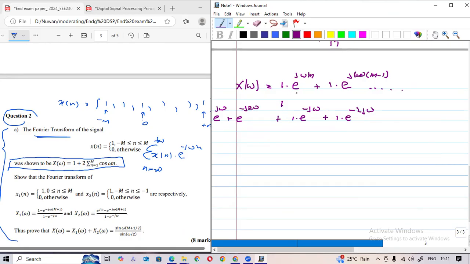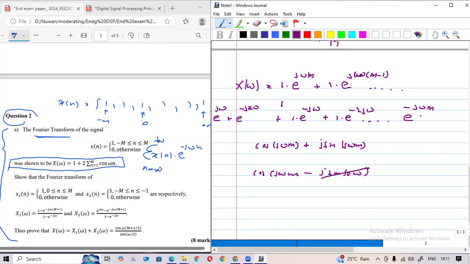So if you use the Euler formula, for example, you can write this as cos(omega m) plus j sin(omega m). And finally you will get the minus value, no? Plus m. So you will get e to the power minus j omega m, which you can write as cos(omega m) minus j sin(omega m).